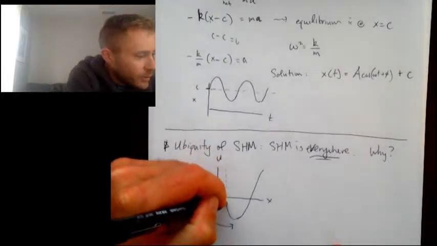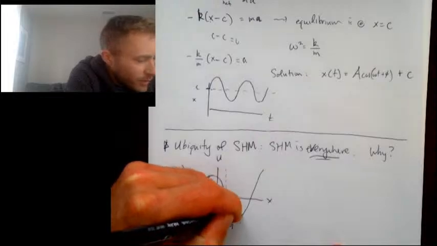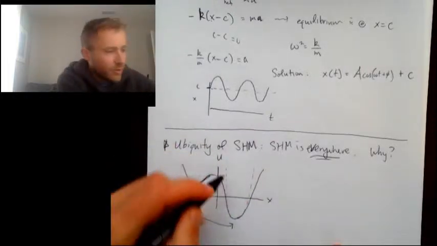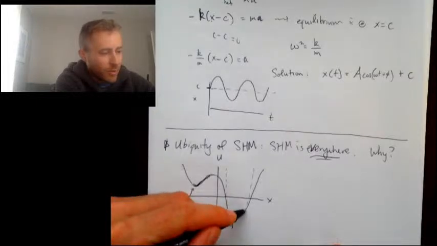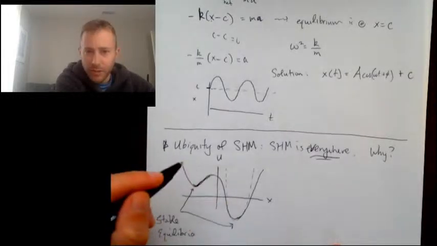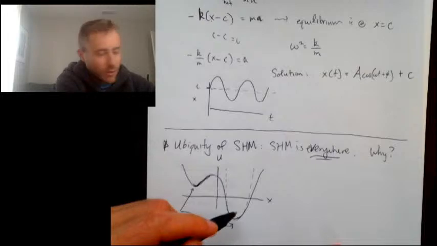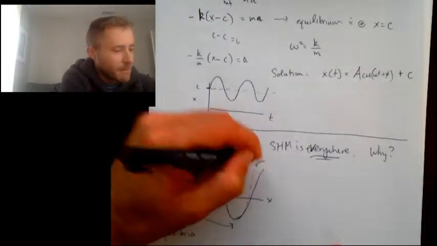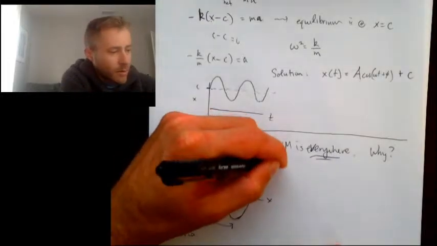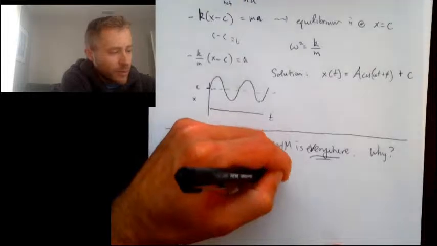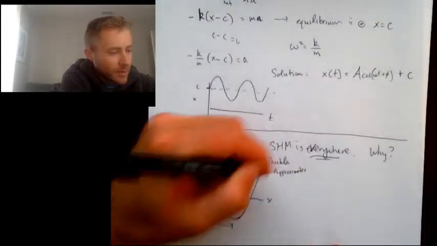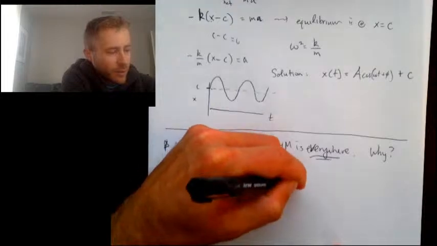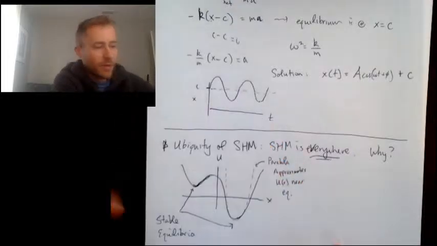See how this dashed line is a parabola, and that parabola gets really close to the potential at the equilibrium. So this parabola approximates u of x near the equilibrium.